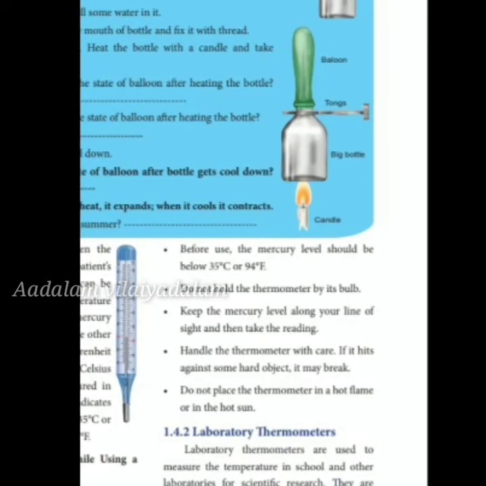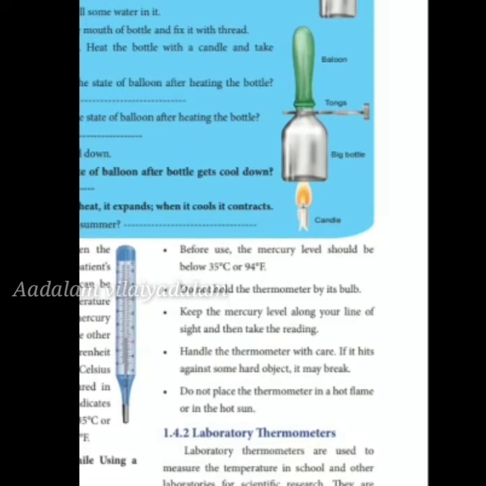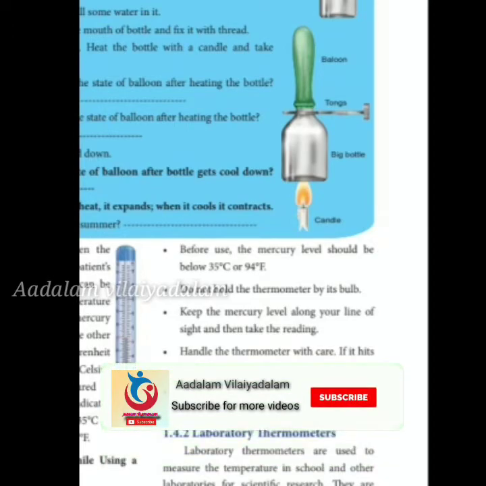Laboratory thermometers. Laboratory thermometers are used to measure the temperature in school and other laboratories for scientific research. They are also used in industry as they can measure temperatures higher than what clinical thermometers can record. For daily use, clinical thermometers are used, while for research purposes and high temperature recording, laboratory thermometers are used.